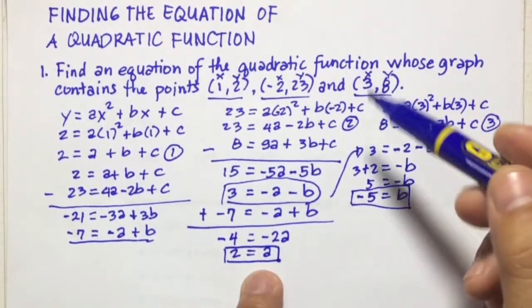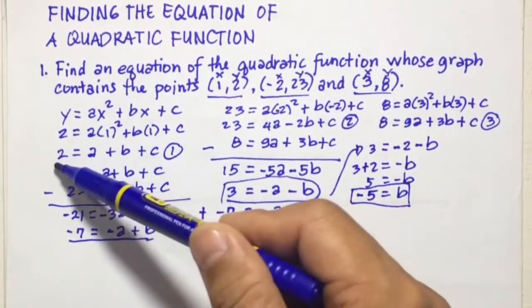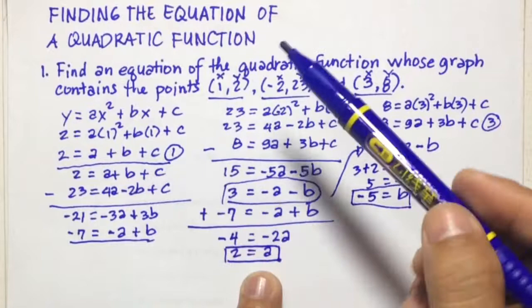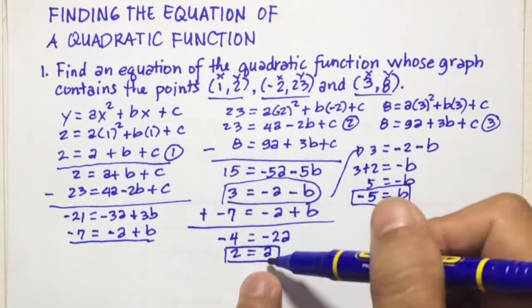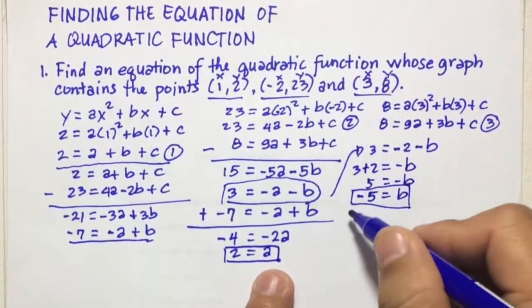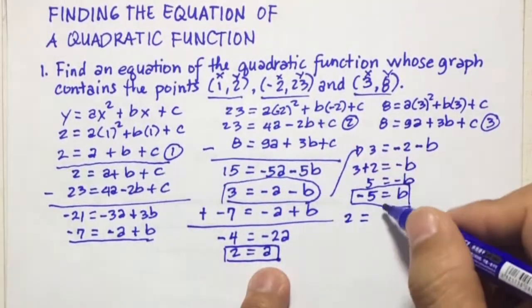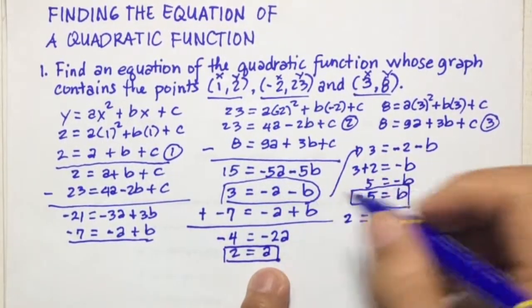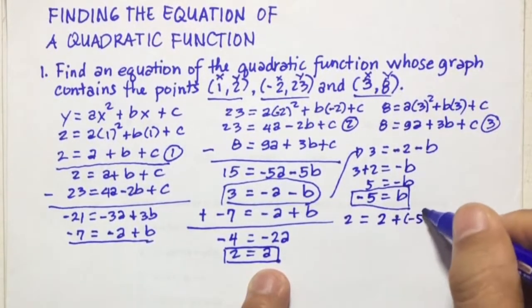And if we use equation 1, 2 equals a plus b plus c, we can find the value of c by substituting the values of a, which is 2, and b, which is negative 5.